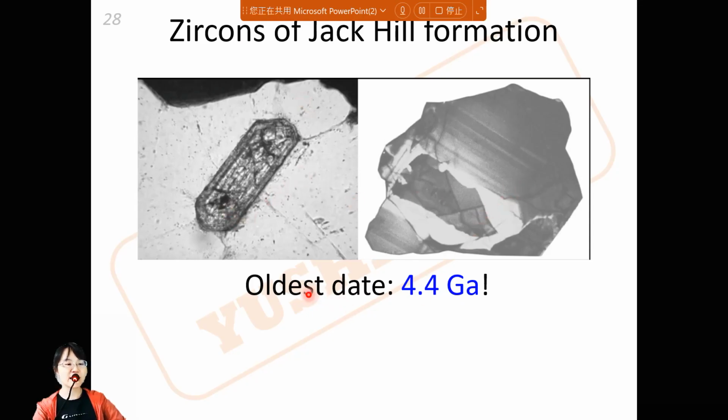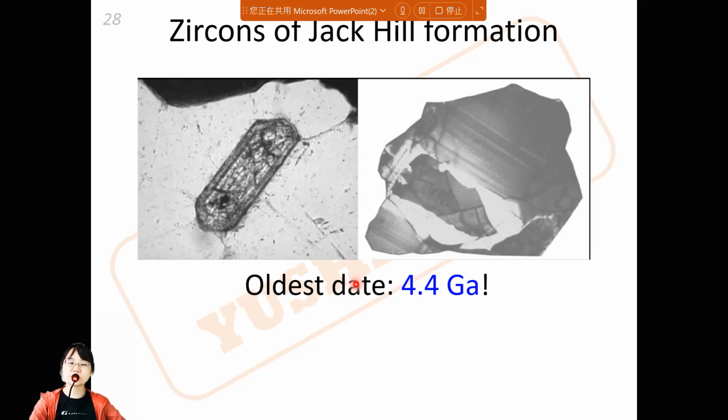And they found that the oldest date they can get from the zircons of Jack Hills Formation is 4.4 billion years ago. So how old was the age of the solar system based on the dating of chondrite? About 4.5, 4.6 billion years. So this is very old.